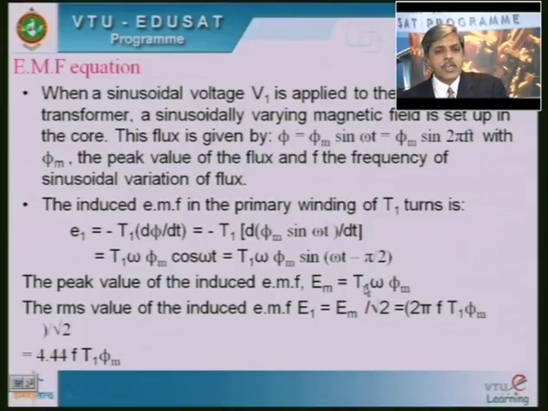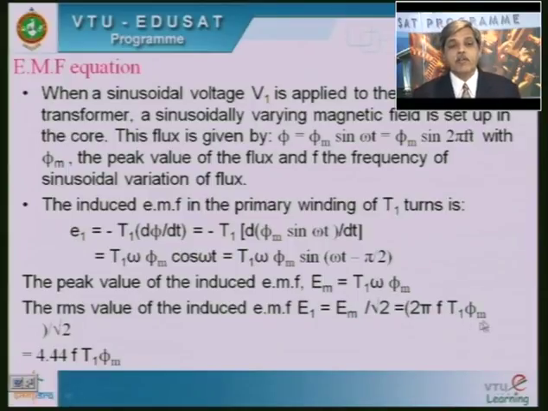In AC circuits, the RMS value of the voltage is the maximum value divided by root 2. Therefore I can substitute EM value of T1 omega phi m with omega equal to 2 pi f. So I will get 2 pi f T1 phi m divided by square root of 2, which comes to 4.44 f T1 phi m.